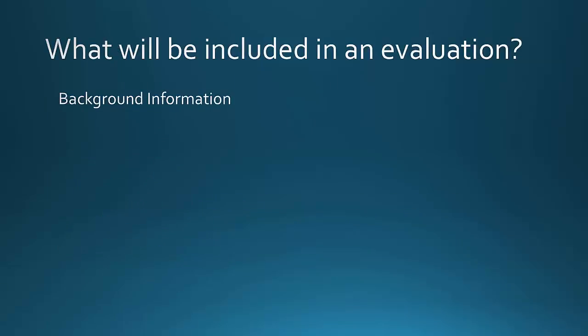What will be included in an evaluation? First, background information would be gathered from parents and classroom teachers. Specifically from parents, we would be looking for maybe a history of family difficulty with reading tasks.